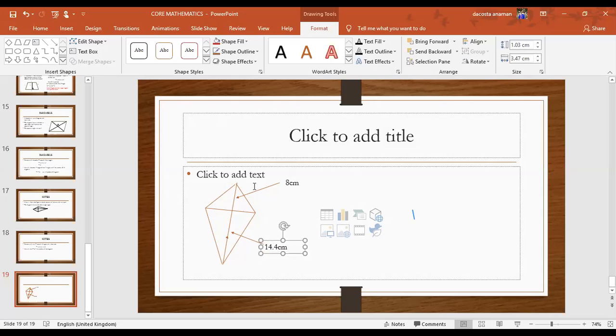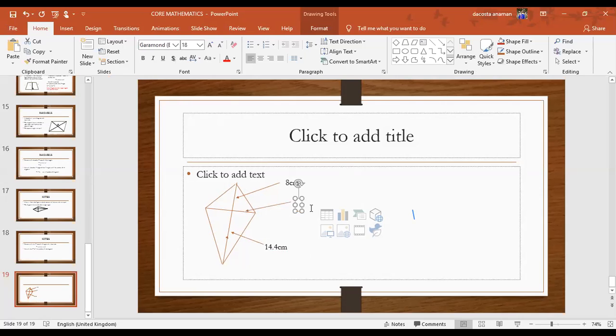This length is also 14.4 centimeters. Now this one is 6 centimeters. You have to find the area of this kite. You have to find the area of this kite. As you are solving.